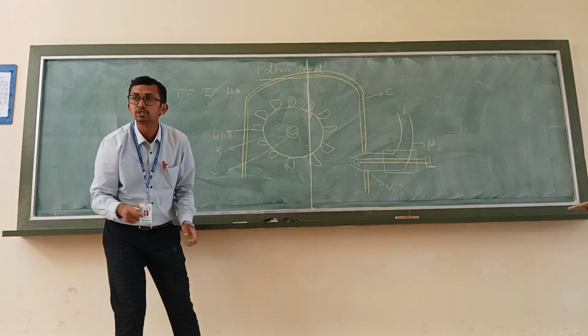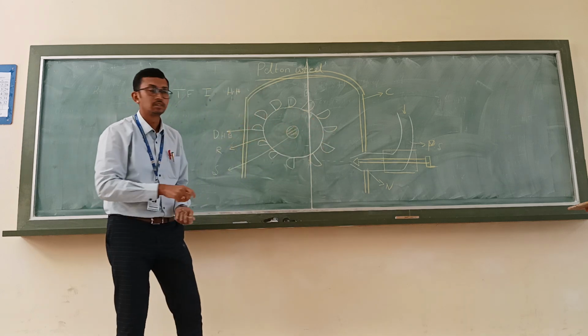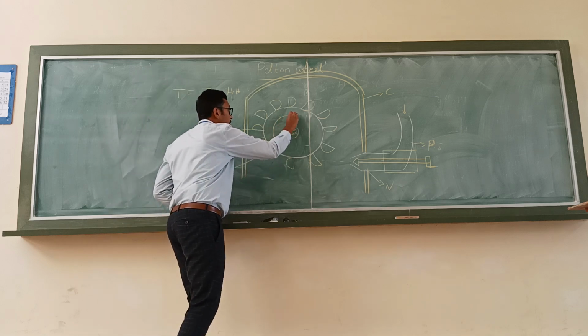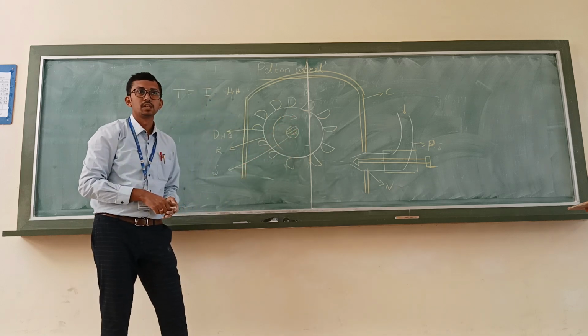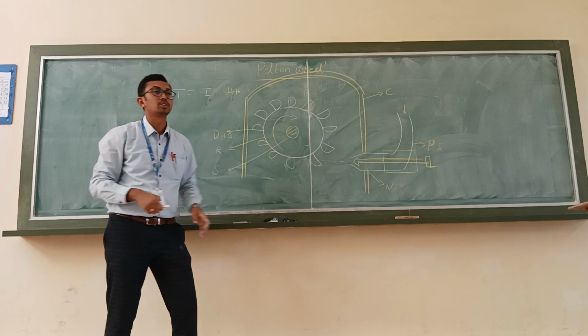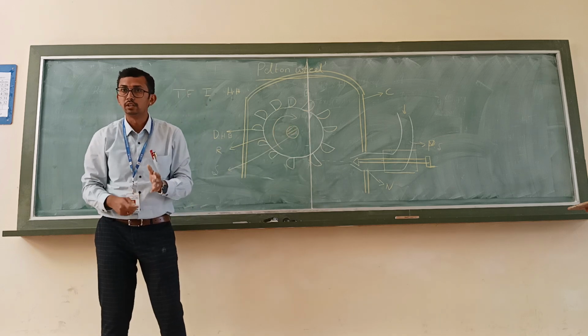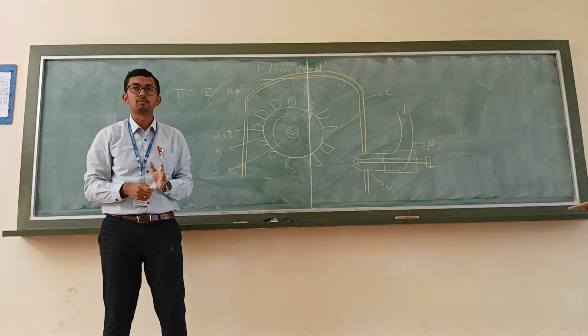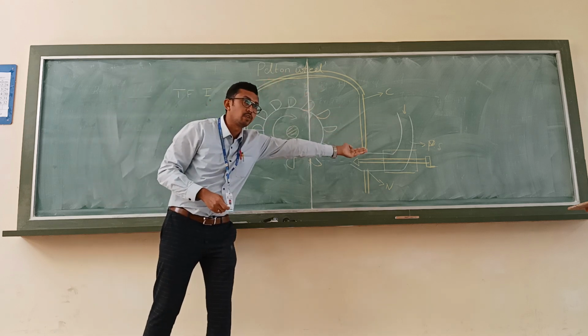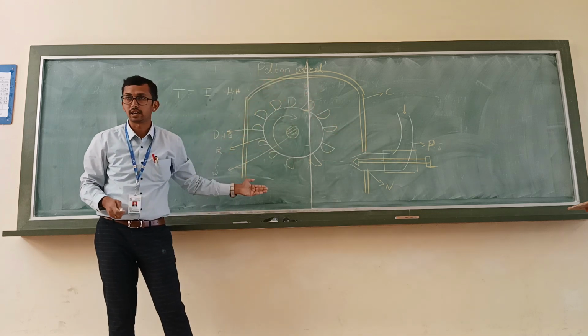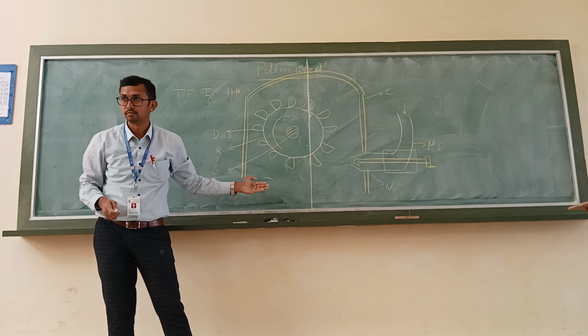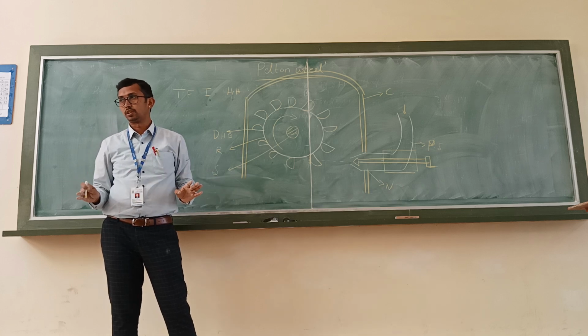Due to this impulsive force, the rotor is going to rotate, and the shaft connected to the rotor is going to rotate. So this is how we convert the kinetic energy of the water to mechanical energy. I hope you understand.